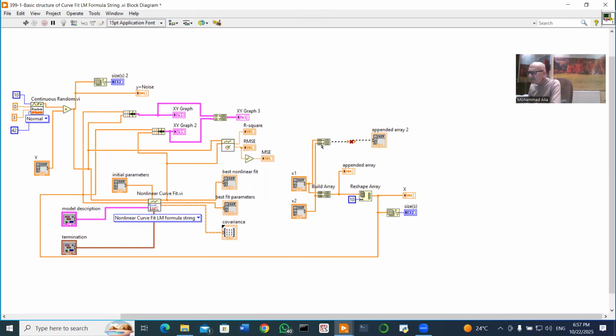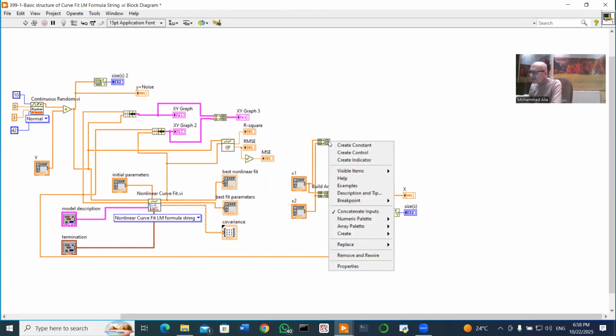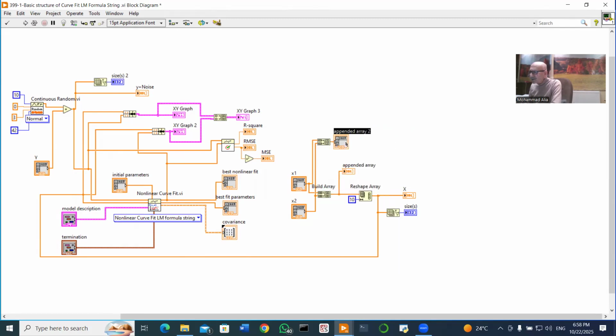Now the inputs have changed as here. They do not show arrays. And the output also, as you see, shows an error because I have connected a two-dimensional output. Now it doesn't work. If I cancel it and connect here newly an indicator, it will work now as a one-dimensional array.